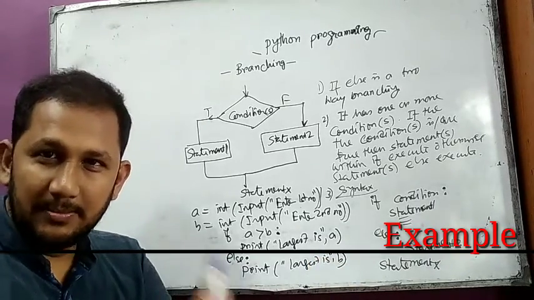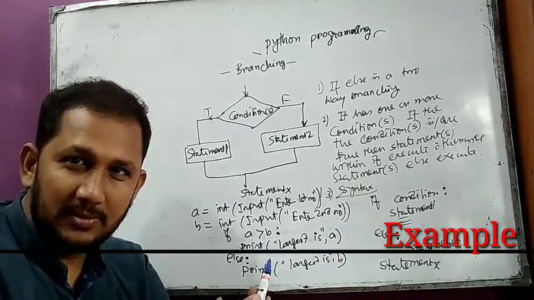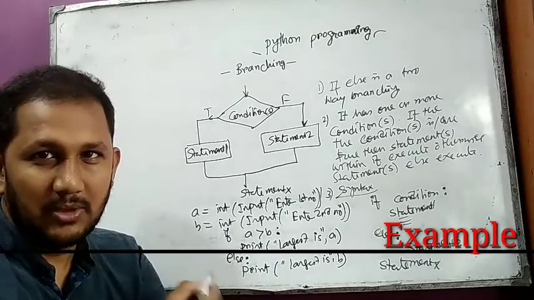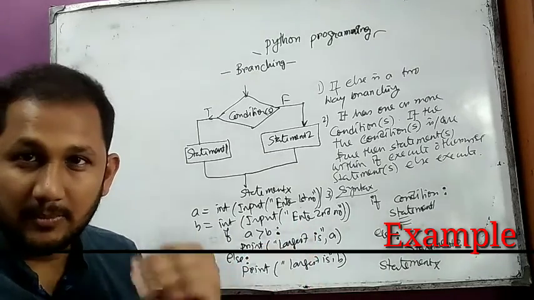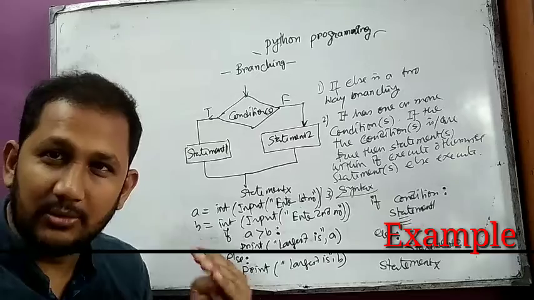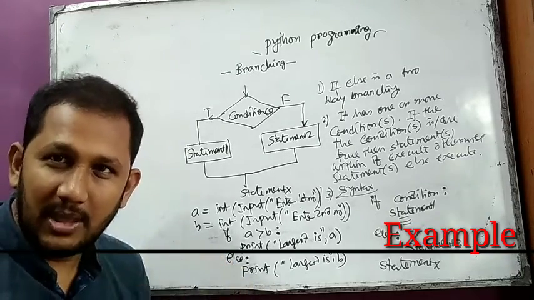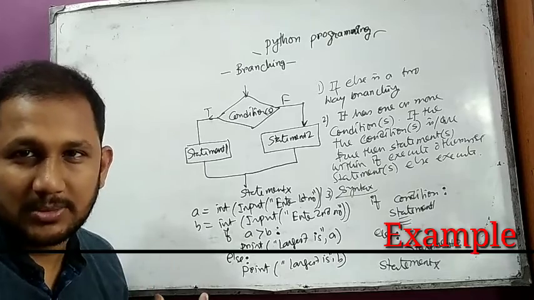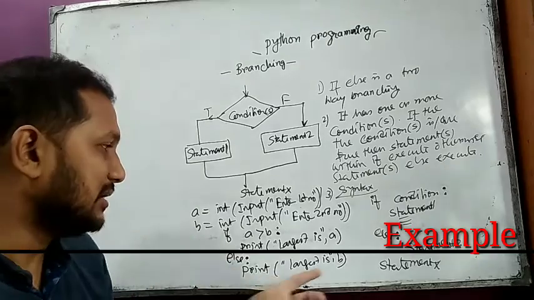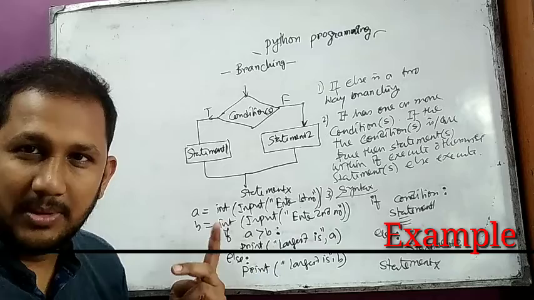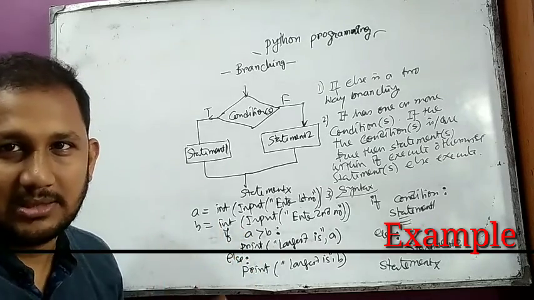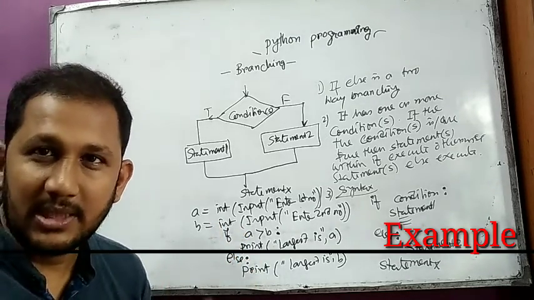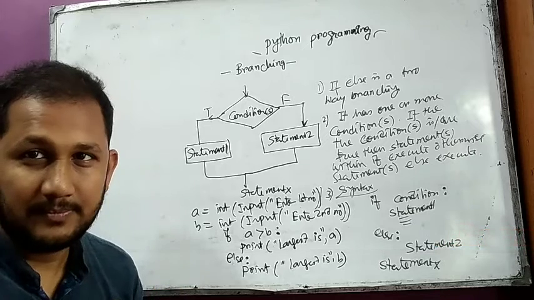If a is greater than b, then it will print the largest value a, otherwise it will print the largest value b. So this is the two-way branching. If the condition is true, it will execute the statement within if, otherwise it goes to the else part, which is the false part of the condition. If a greater than b, then a is largest, otherwise b is largest. So this is the concept of the if-else statement in Python programming.